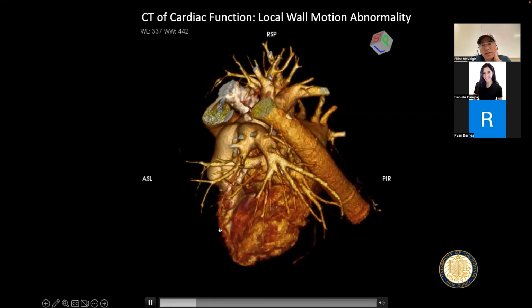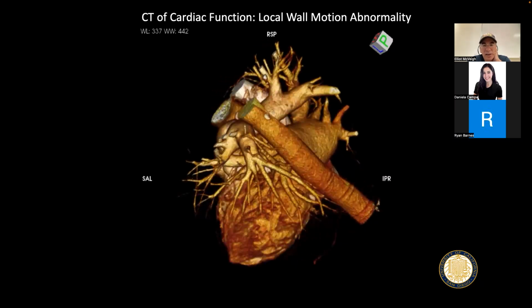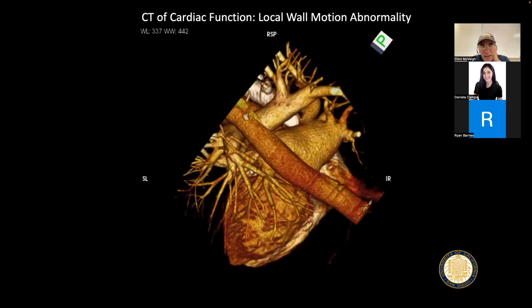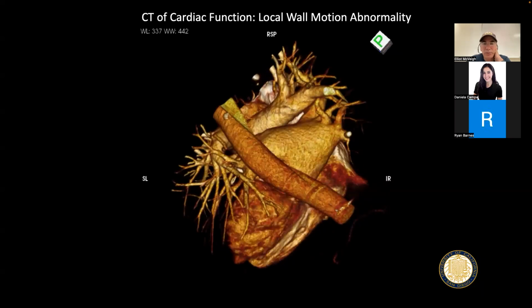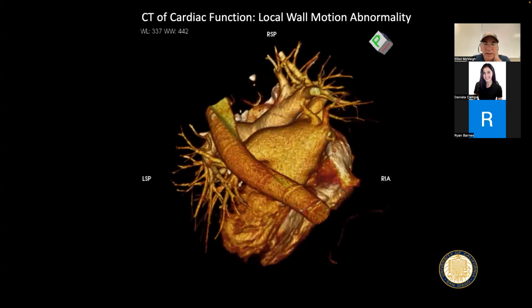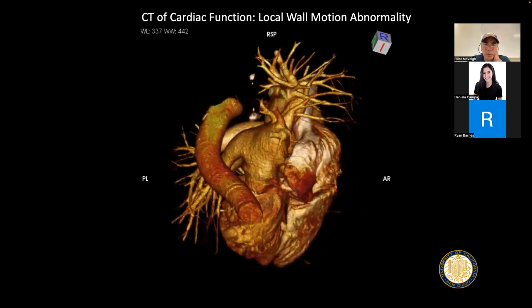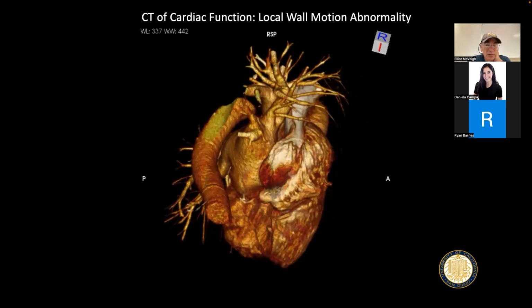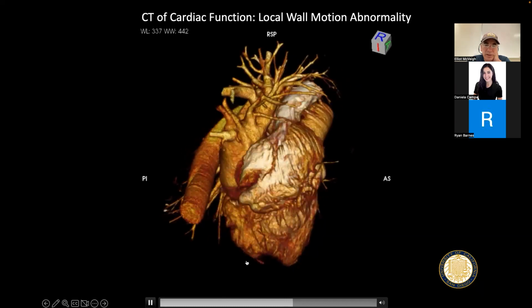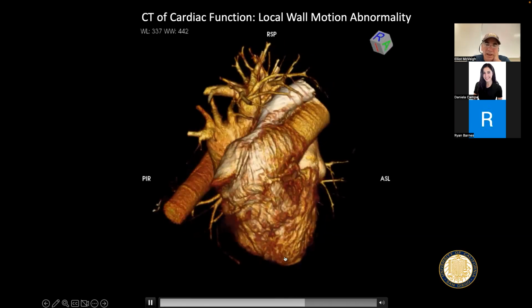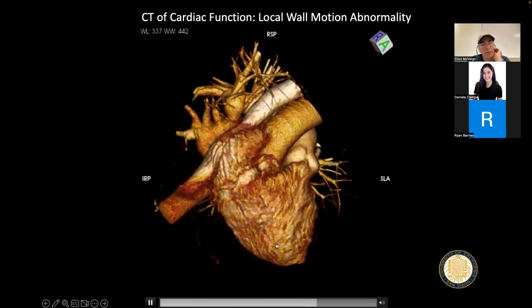So it's important to understand that the reason the contrast is so high here is because we've injected a contrast agent into the blood pool. So this image is essentially a movie of the blood pool cast. We don't see any myocardium because it's been thresholded out in this rendering, and all we're looking at is the blood.